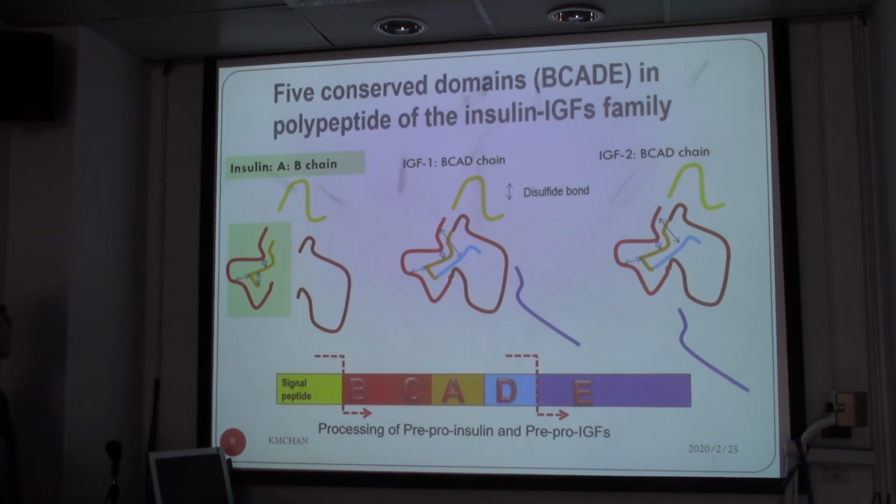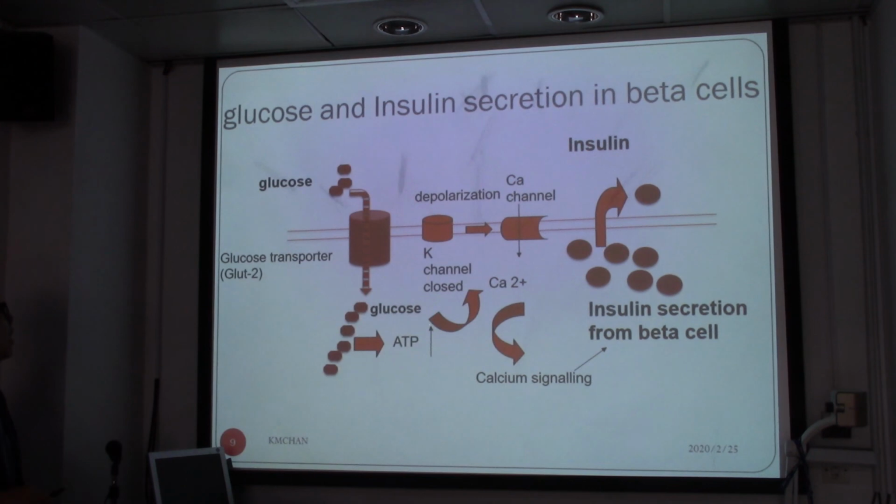Okay, so they have a special secondary structure, and it is stimulated by glucose. There are at least 5 glucose transporters, and one of them is called GLUT2.